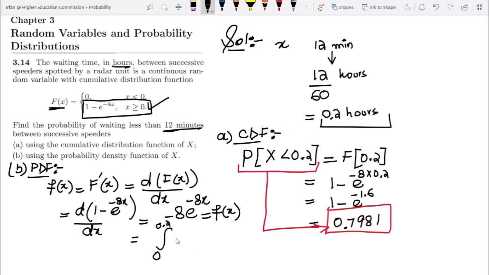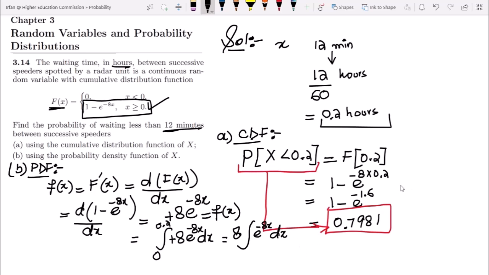So here I will have 8 exponential of minus 8x dx. Sorry, I made a mistake: because this is 1 minus, the derivative will be plus, so it is plus 8 exponential of minus 8x dx.